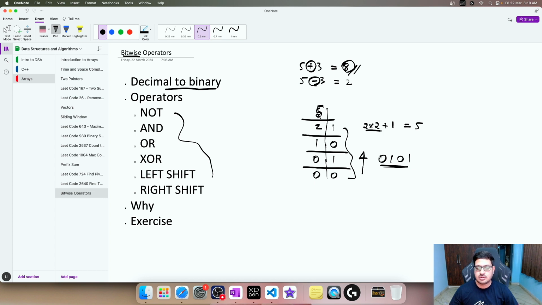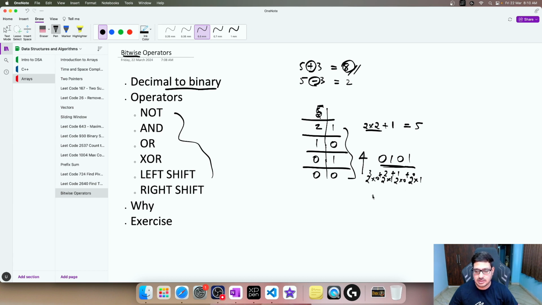Okay. So how do we convert a binary number back to a decimal number? That is very simple. We simply use the power of 2 notation. We go from right to left and do 2 to the power 0 into 1, 2 to the power 1 into 0, 2 to the power 2 into 1, 2 to the power 3 into 0, and we add them up.